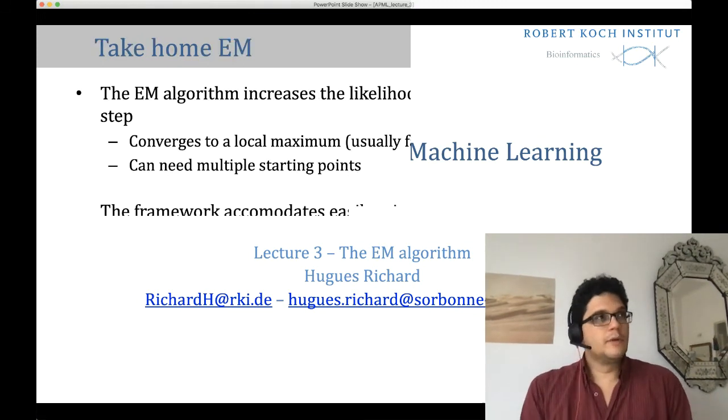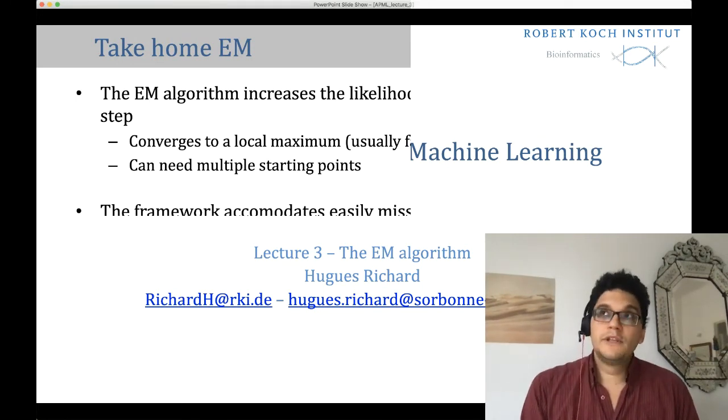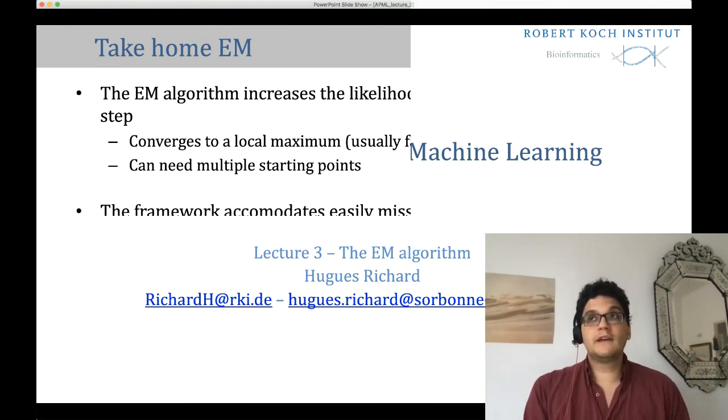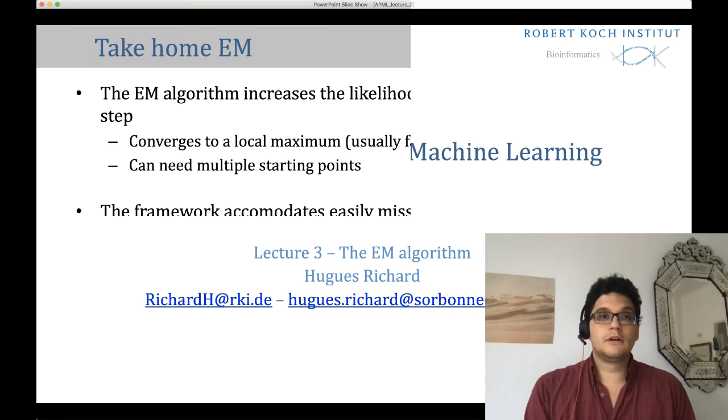To summarize a little what we saw with EM, the principle is relatively obvious. Using Jensen's inequality, we construct a scheme where we are sure that at each step we will increase the likelihood of the observed data. So we are ensured that EM will converge to a local maximum.